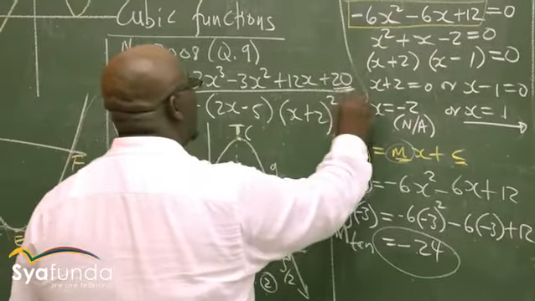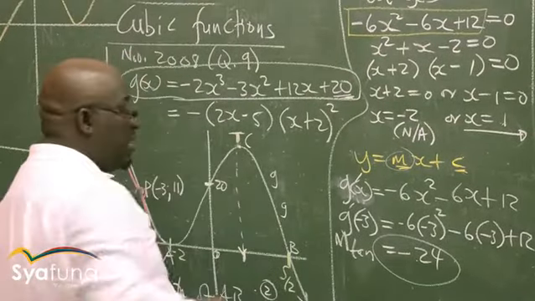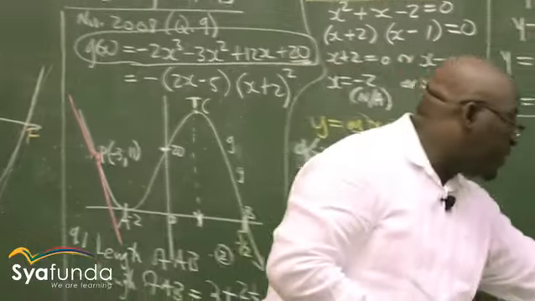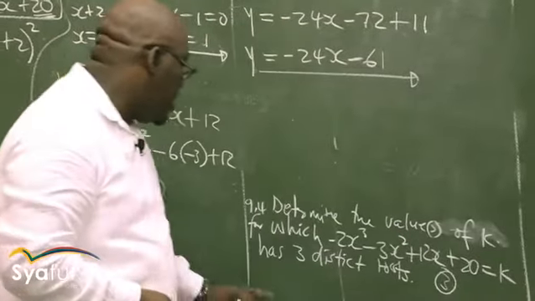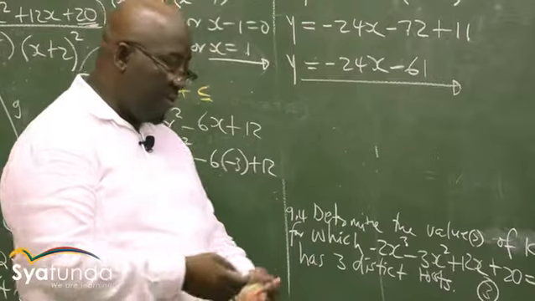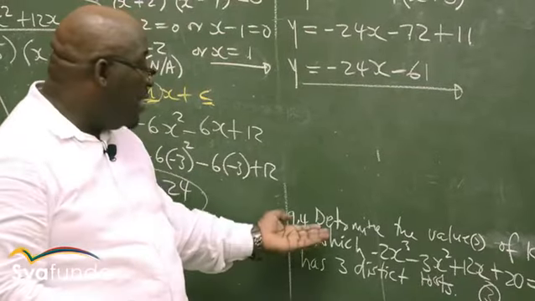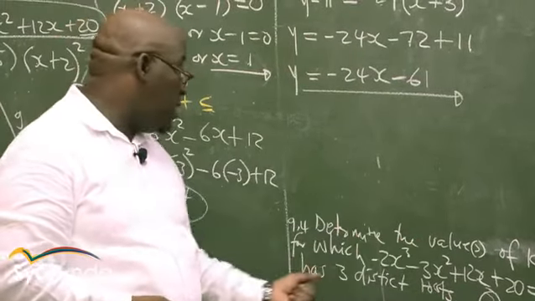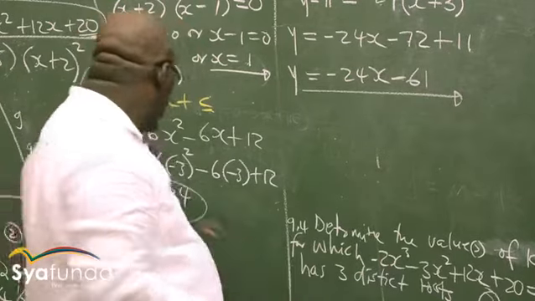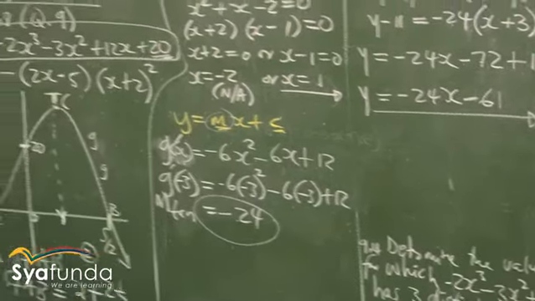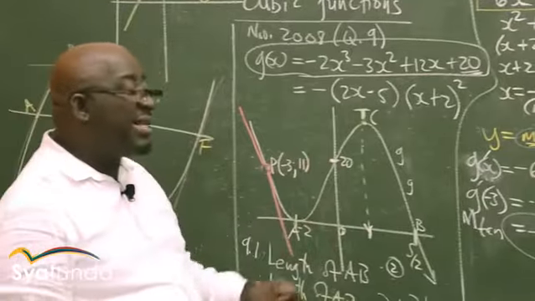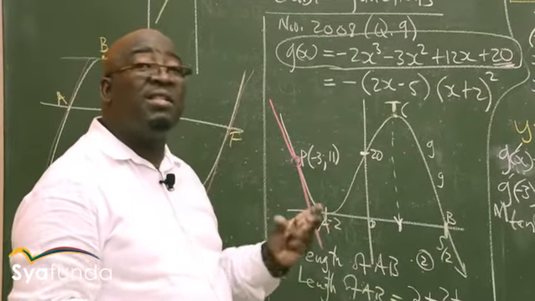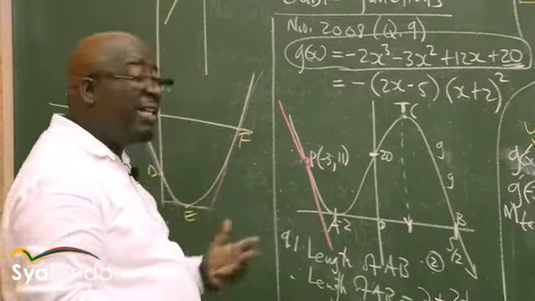So it is exactly the graph of G, will be equal to k, has 3 distinct roots. Let's read the question again. Determine the values of k for which this graph, which is this one in particular, equals k, has 3 distinct roots. Let's look at the present state of this graph.